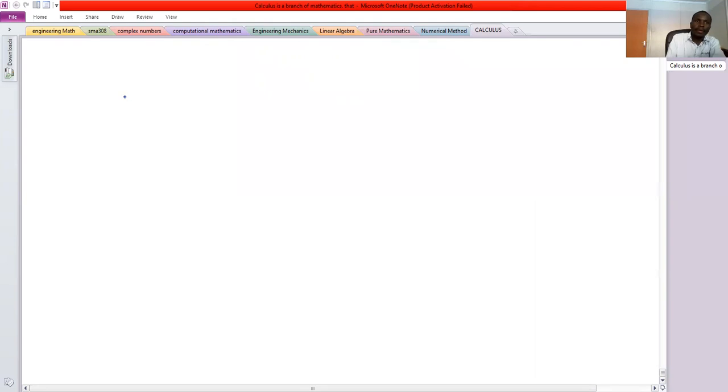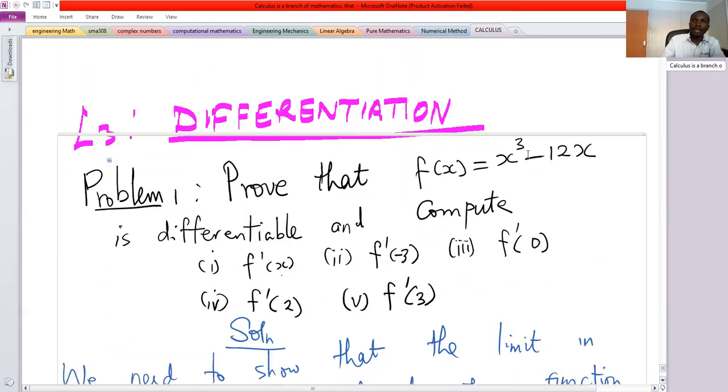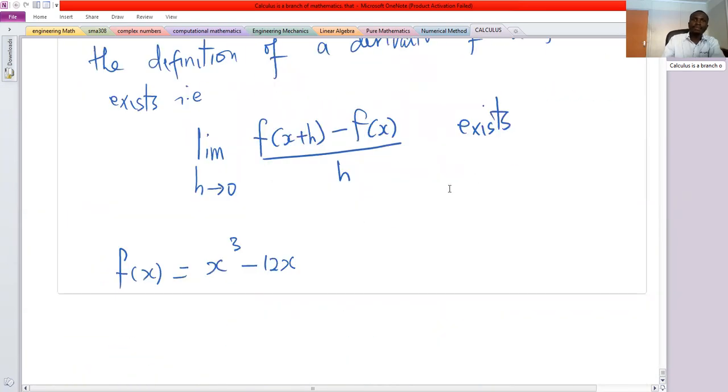Now, f of x is given as x cubed minus 12x. That's what we are given in this question, x cubed minus 12x.